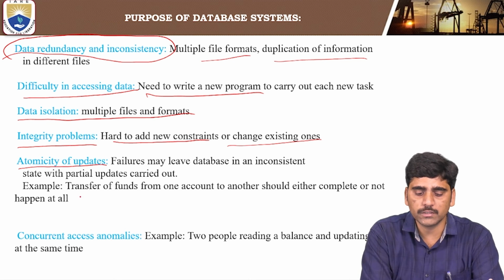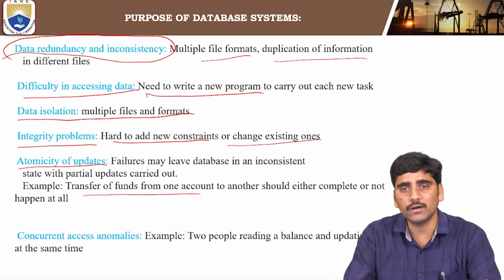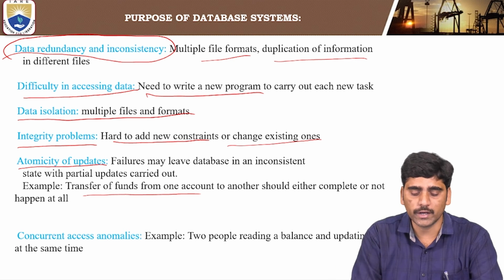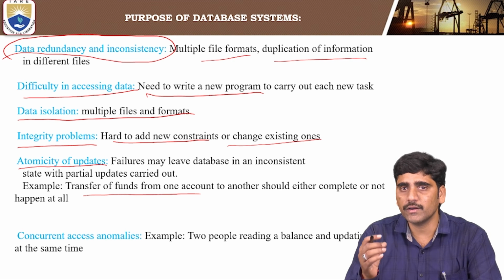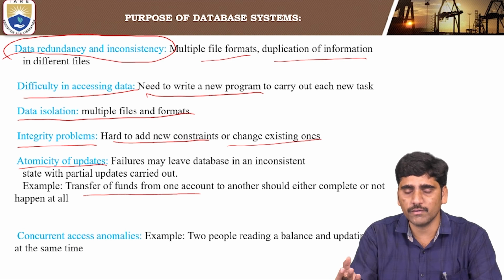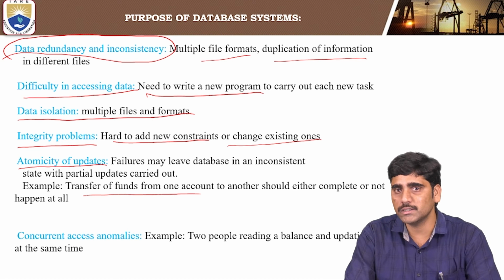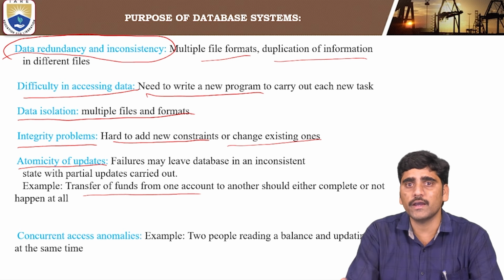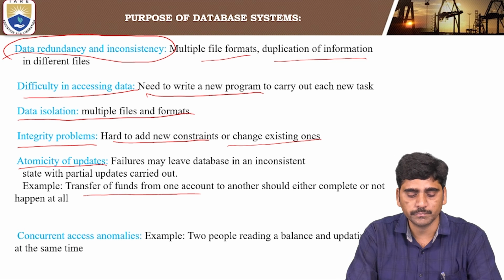For example, a transfer of funds from one account to another should either complete or not happen at all. If you transfer some amount from one account to another, it is reflected immediately. So that is consistent, and we call that atomicity of updates. We have the ACID properties, and all of them have to be satisfied. Because of this, we use a database management system.